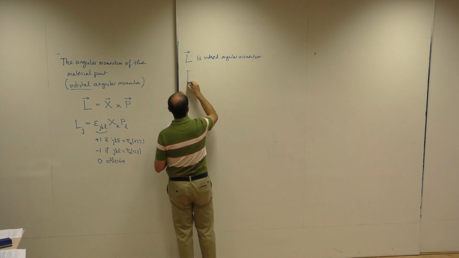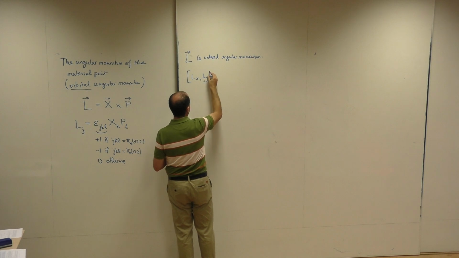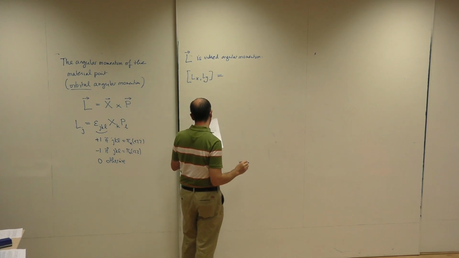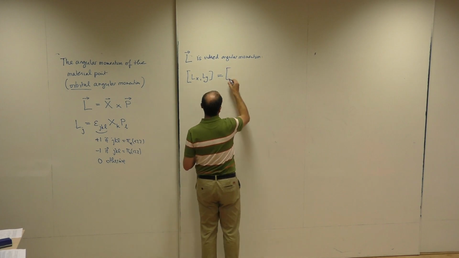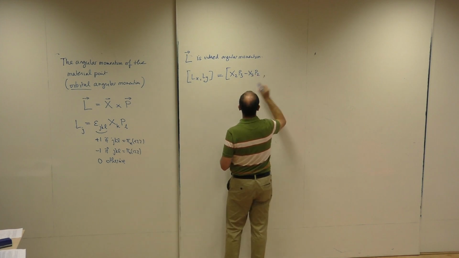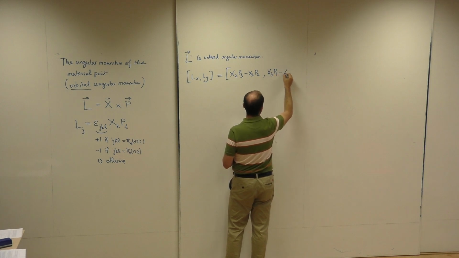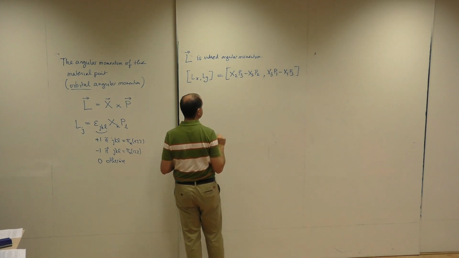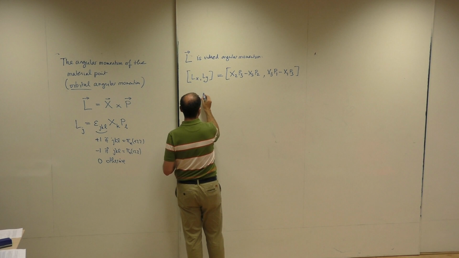Let's try. Lx, Ly. Well, let's not fear that. What is this? Lx is x2p3 minus x3p2, and Ly is x3p1 minus x1p3. Okay, there are 4 terms.